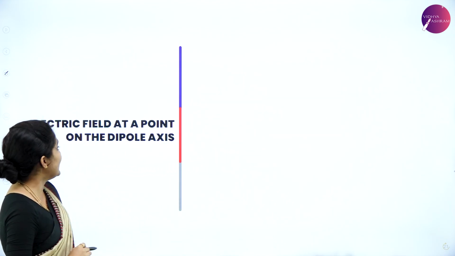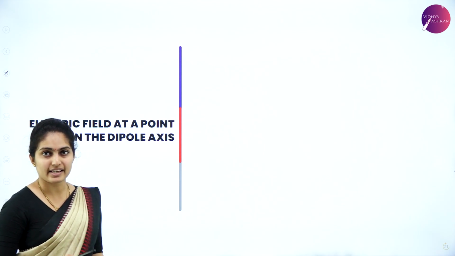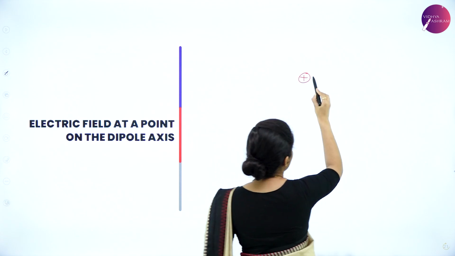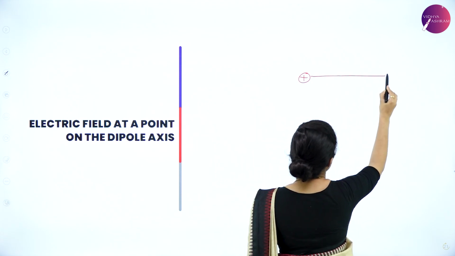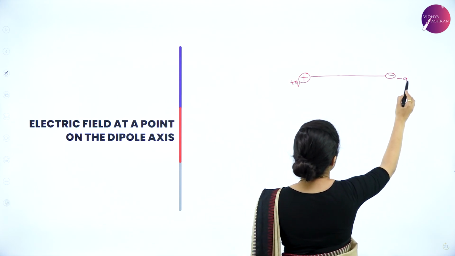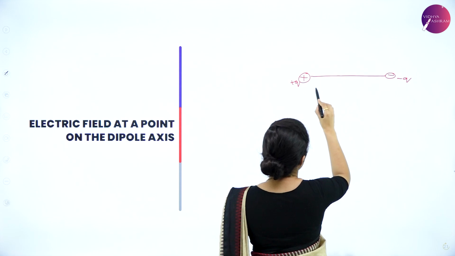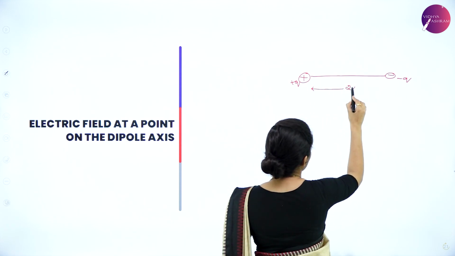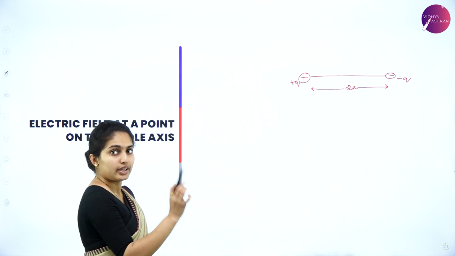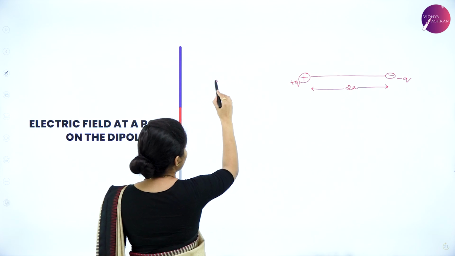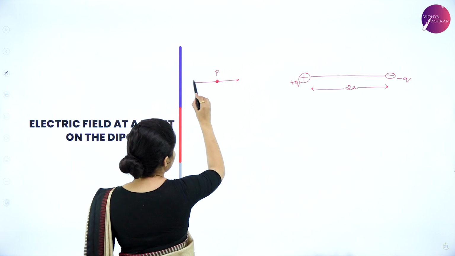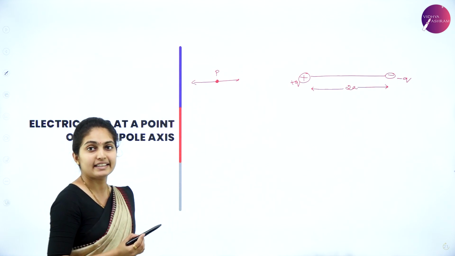So how does it go? Electric field at a point on the dipole axis. We draw a dipole: the positive charge is at a certain distance from the negative charge. This is plus q, this is minus q, at a distance 2a. The influence of this dipole is over a certain point P, and the electric fields are represented as E1 and E2.